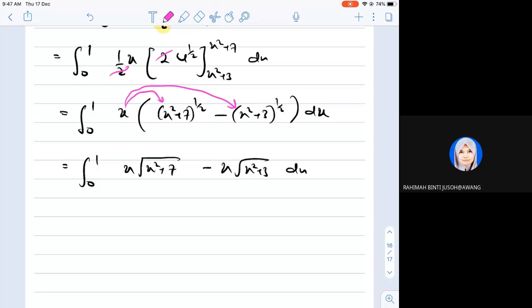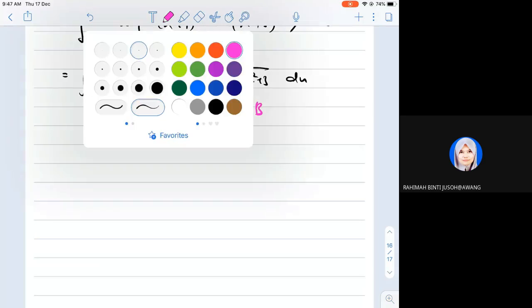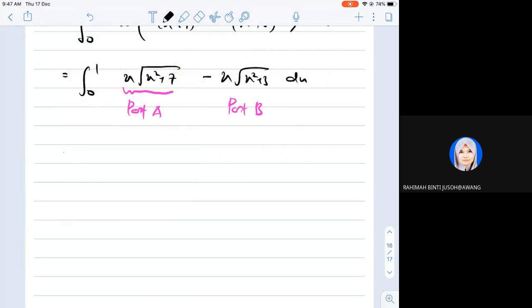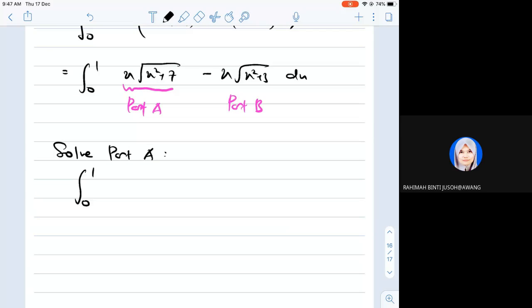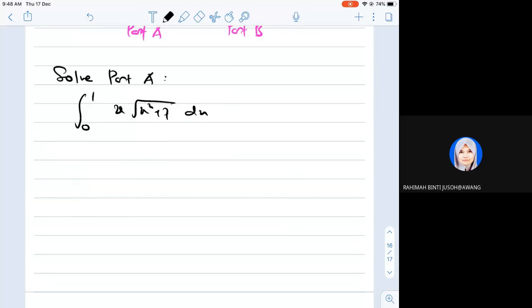Okay guys, now what happened here? You have two integrations. So let's say I declare this as part A and this is part B. So you have to solve one by one. Now let us solve part A. Integration from 0 until 1 x square root of x squared plus 7 dx. So what should you do now?